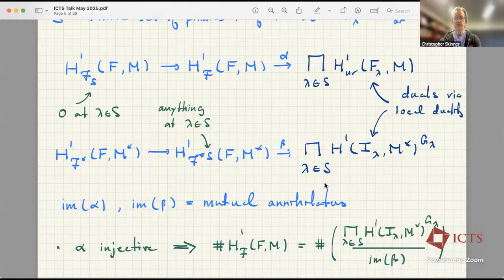So this is the image of beta inside these local classes. So this final formula tells us that to bound the Selmer group of M, the Selmer group that we were originally interested in, what we would like to do is produce classes for the dual module that are ramified, and ramified in a way that we can understand how ramified they are. We want to understand actually the size of that image of beta.